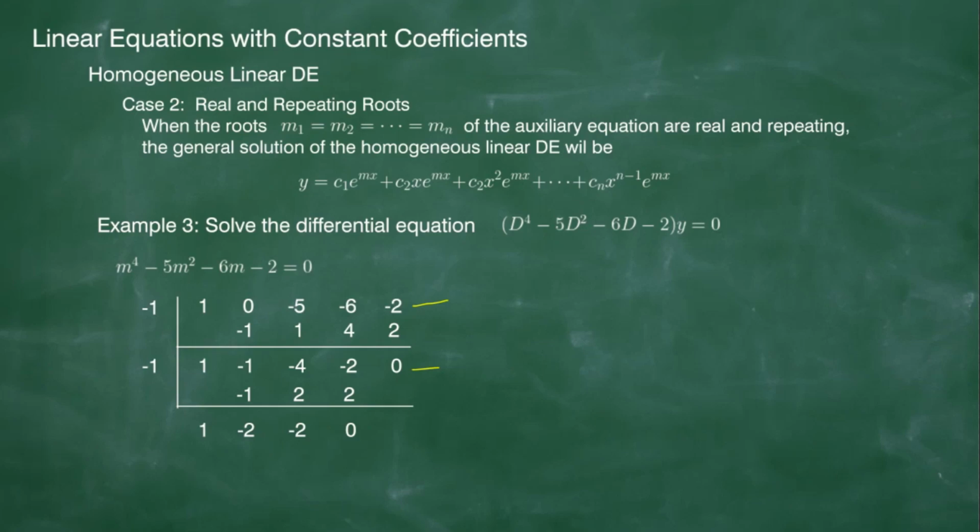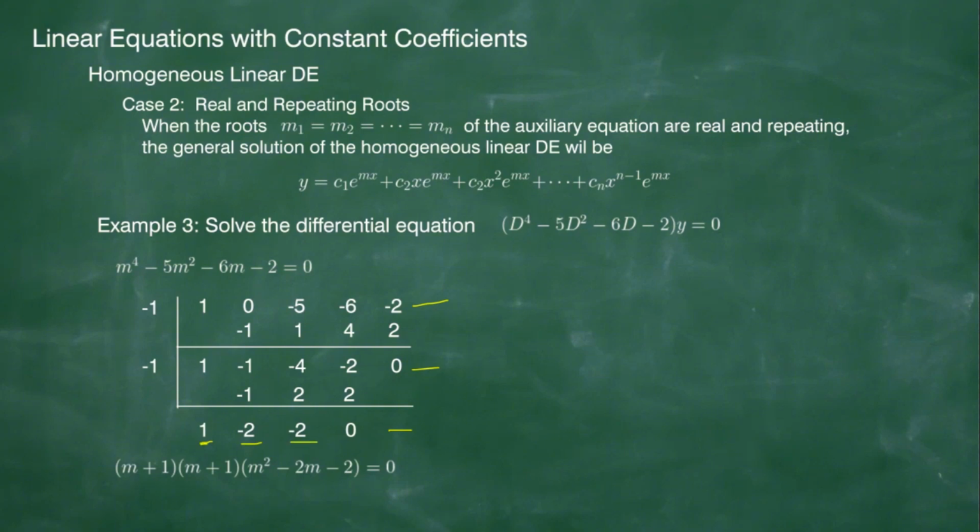So this is now second degree. 1 here is the coefficient of m squared, so we can stop here and we can try factoring that binomial. So these are the factors: m plus 1 times m plus 1 times m squared minus 2m minus 2 equals 0.